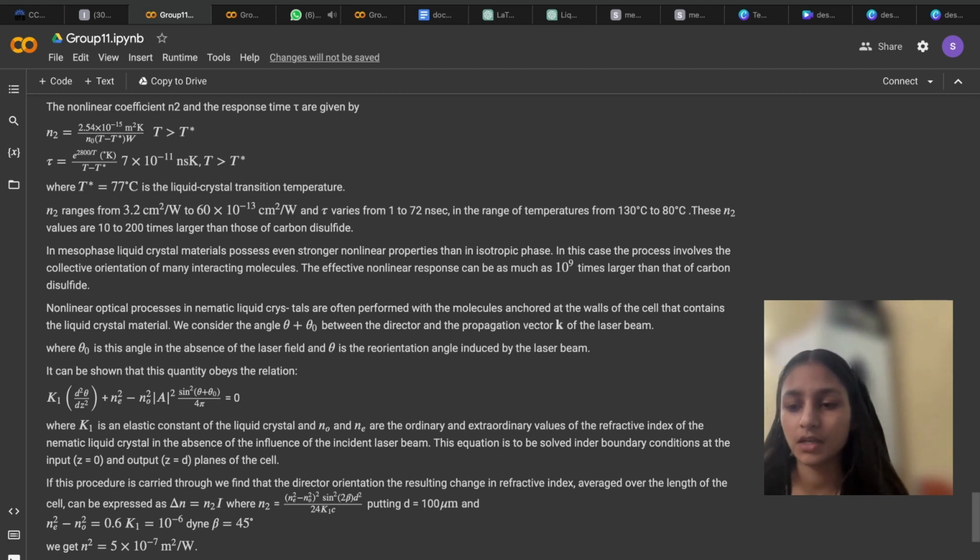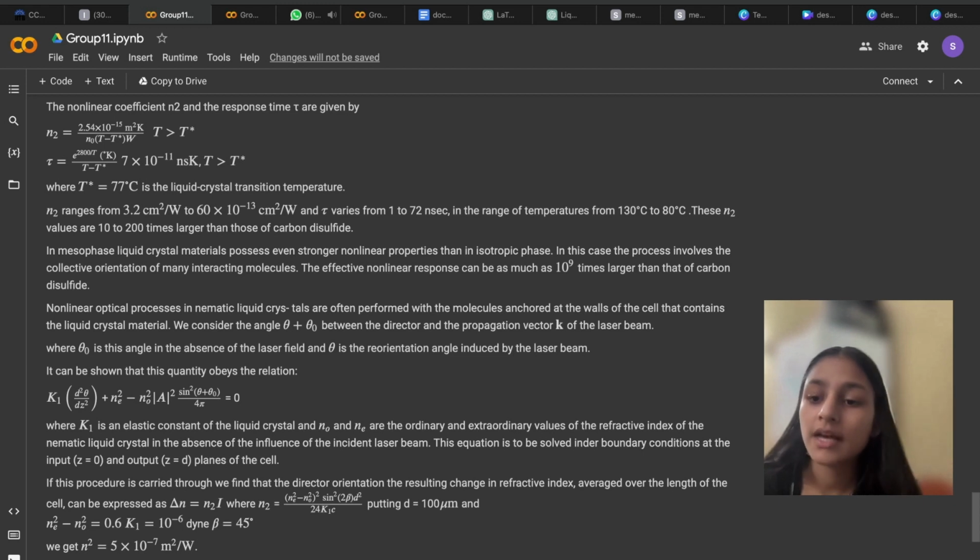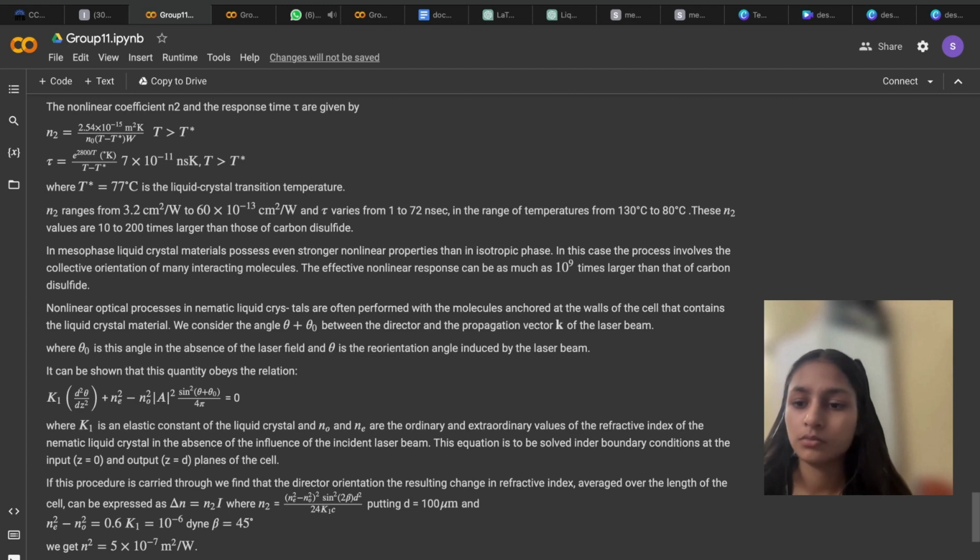In one specific case, Hanisson made a significant discovery regarding the nonlinear response of liquid crystals in the isotropic phase. They found that two critical parameters, the nonlinear coefficient N2 and the response time tau, could be expressed in terms of specific equations.